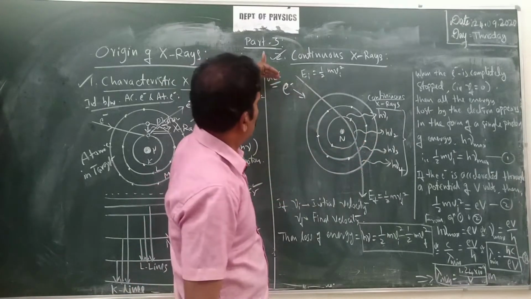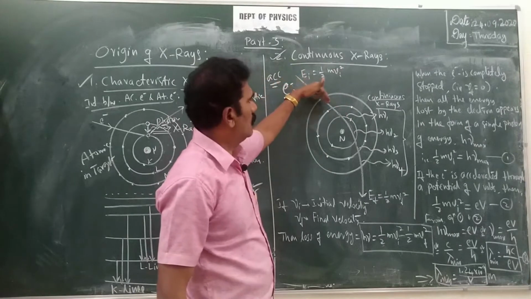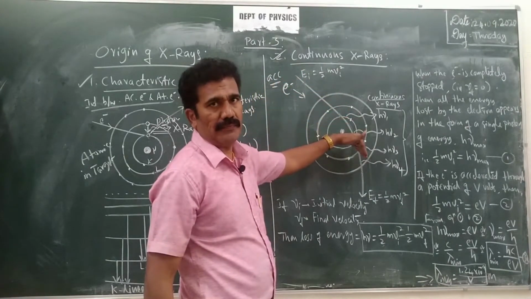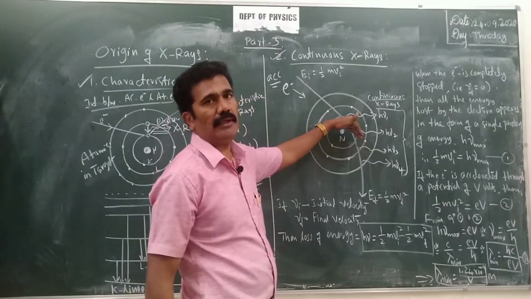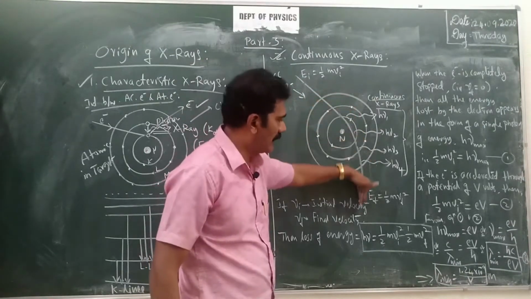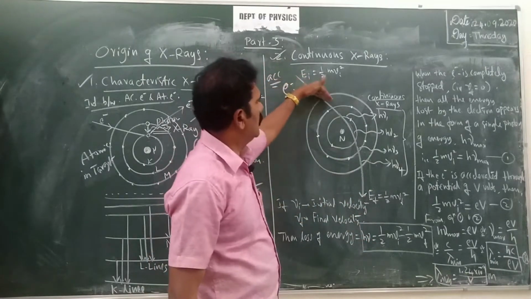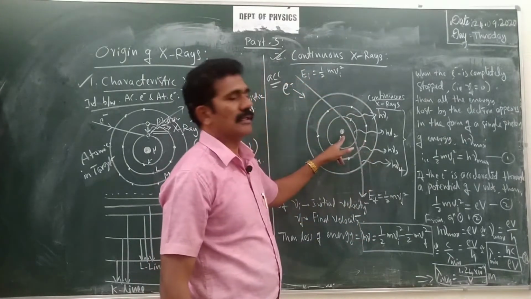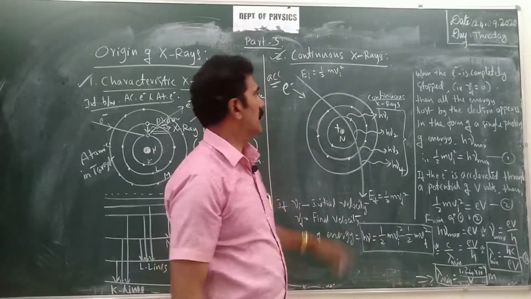It is just penetrating deeper into the atom, passing over a number of orbits, and as it moves nearest to the nucleus, it is going to be deviated like this. Clear? The accelerated electron is going to be deviated towards the nucleus. Why? Because the nucleus is positively charged and the electron is negative.